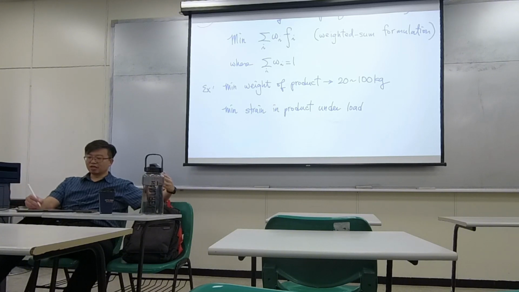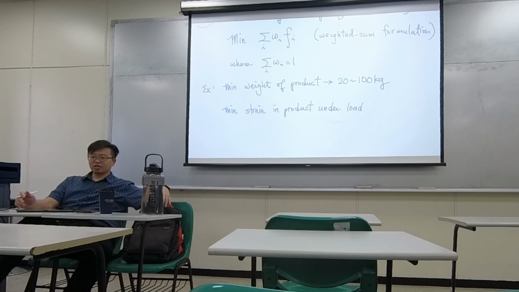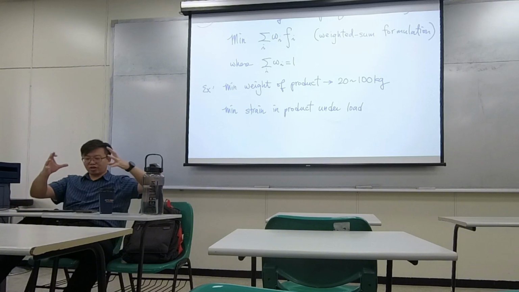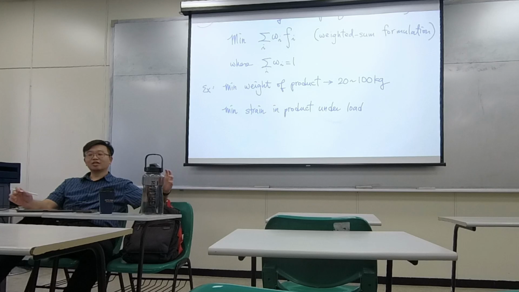Strain is like a percentage, right? The definition of strain is amount of deformation over its original dimension. So it's like a percentage, how much percent deformation was made per geometrical dimension. So it's ranging from 0 to 1.